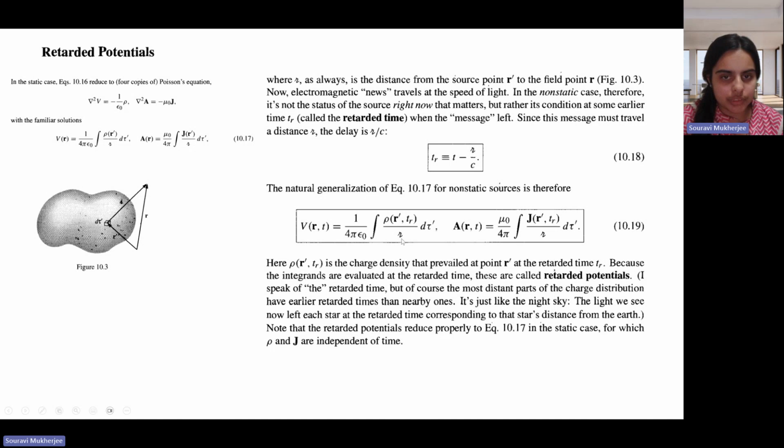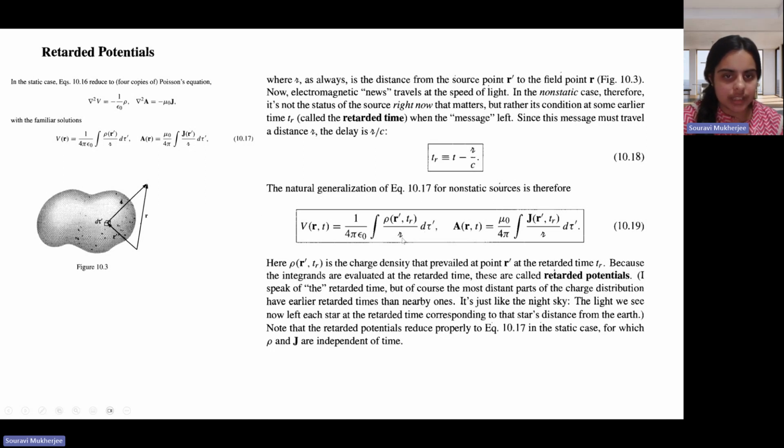Okay. Now if you introduce this concept of retarded time in your potential expressions, you would get something like this. Here, this rho, or the current in the integrals, corresponds to a time before your time of measurement. So tr is your retarded time that comes up in the expression, and r prime is your source coordinates.